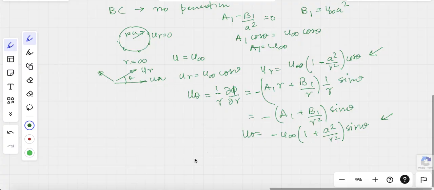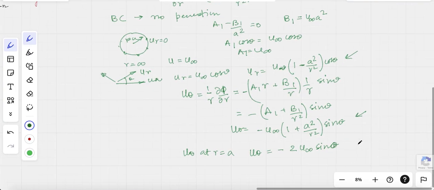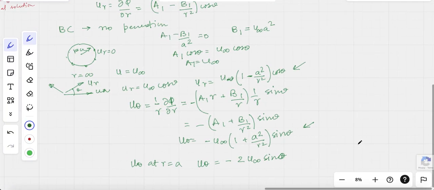Now u theta at r equals a is minus 2 u infinity sin theta. Okay, you can find the stream function also.